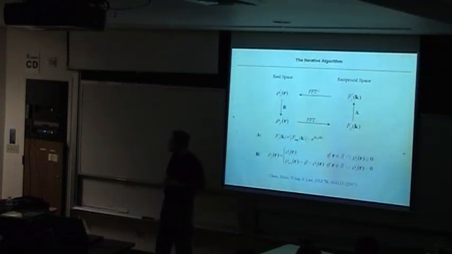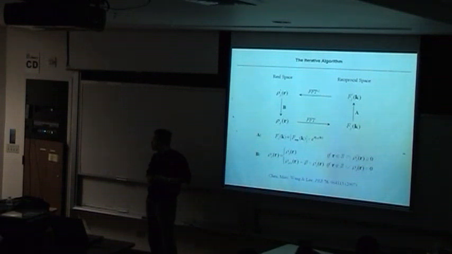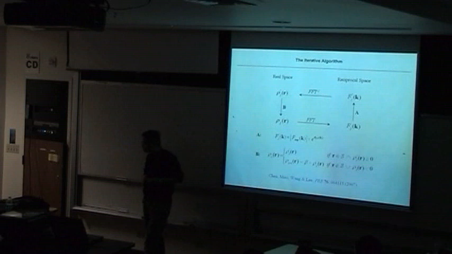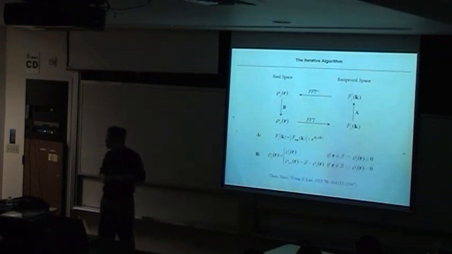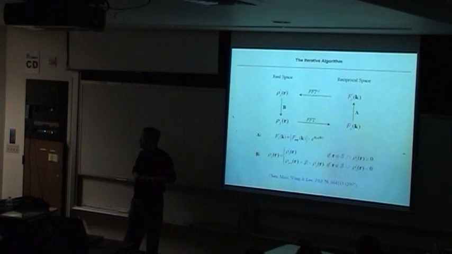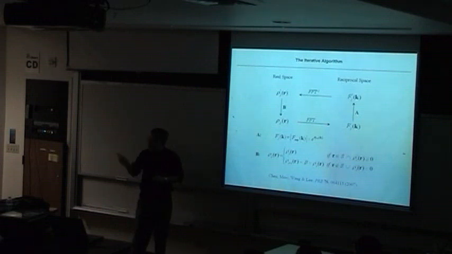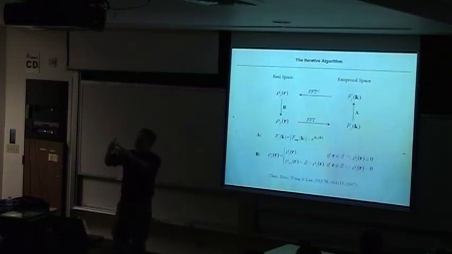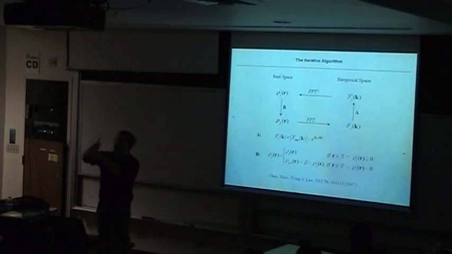Question: Is there a way, if you don't know the size of your constraint exactly, and you make that constraint bigger than the actual object, you tend to see the reconstruction get poorer. Is there a secondary method that would allow you to know? That's a very good point. So how do you uniquely determine the support? We call the support the boundary of the object.